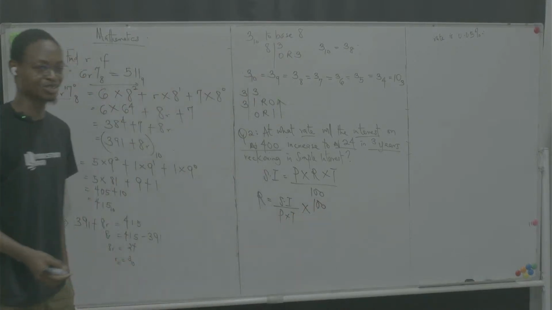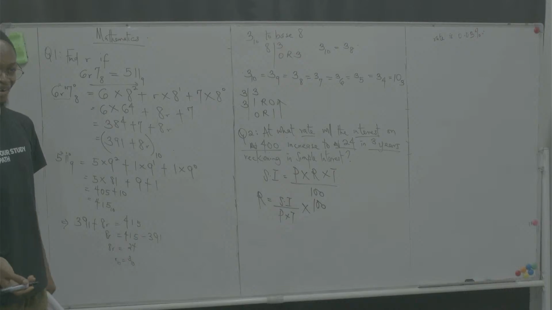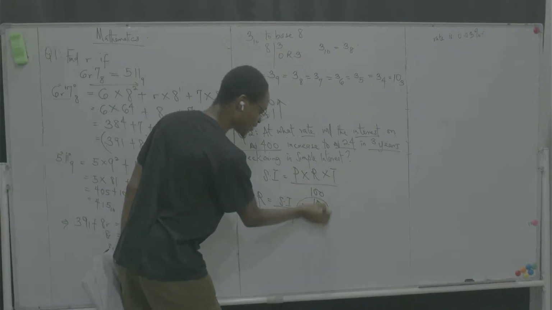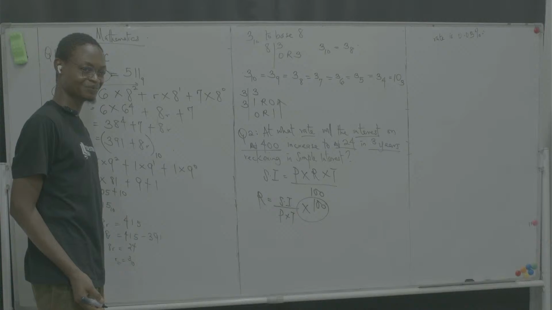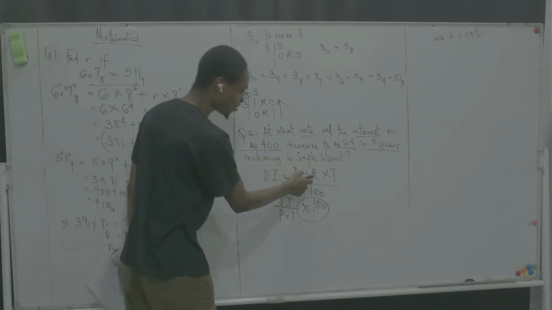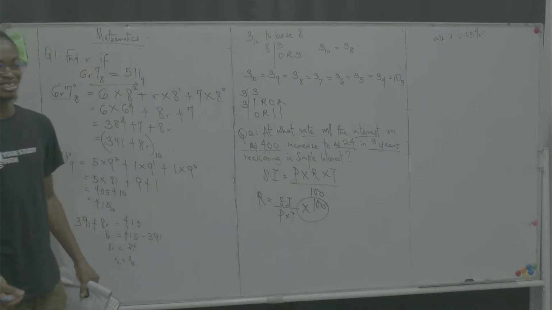This is what the formula is going to become. So the fact that we are multiplying by 100 converts it to percentages. Whenever you use the formula like this, your rate is going to be in percentages.